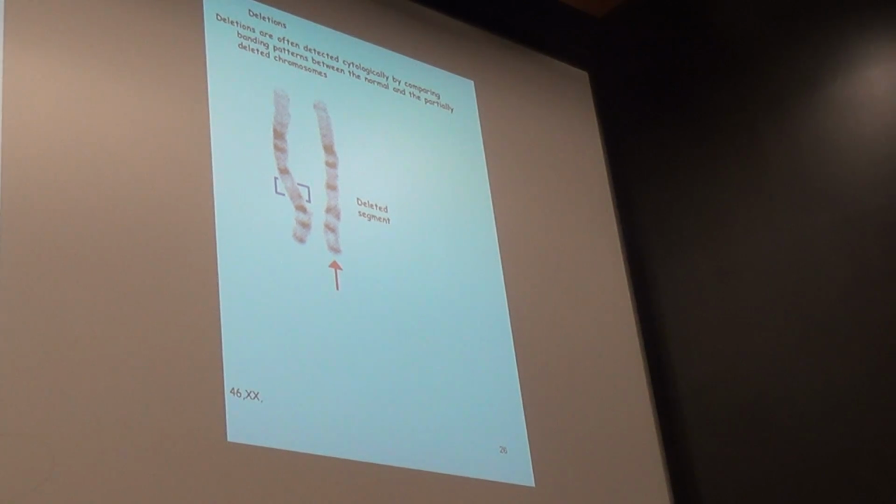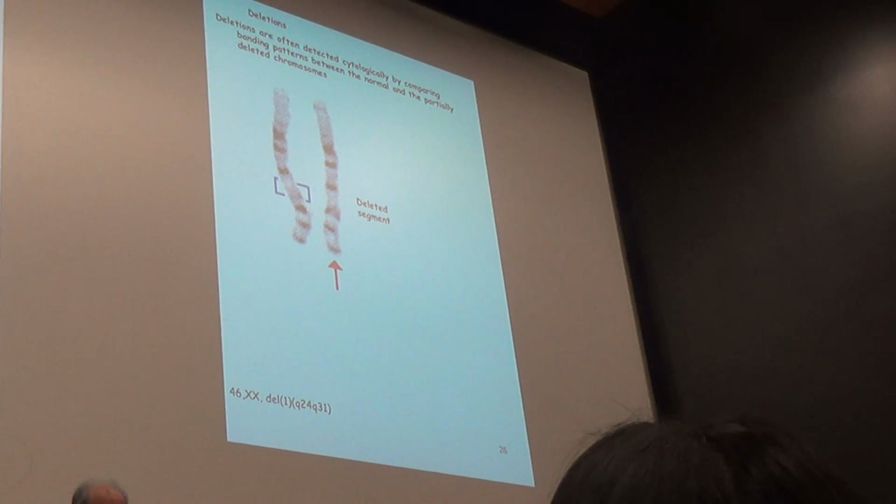Okay, you have a certain nomenclature for talking about these gross chromosomal defects. For a deletion, it would look something like this. 46, that's the number of chromosomes in a diploid individual. XX, indicating it's a female.